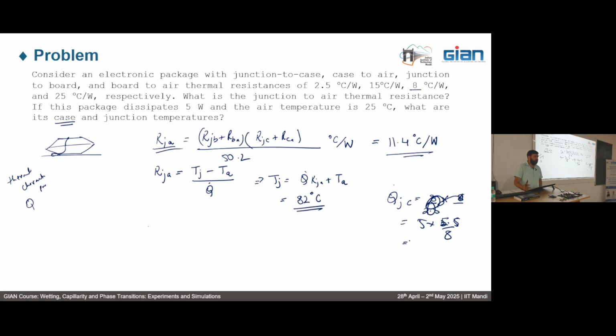Three point... But this is also not right. So let us first draw the circuit diagram.